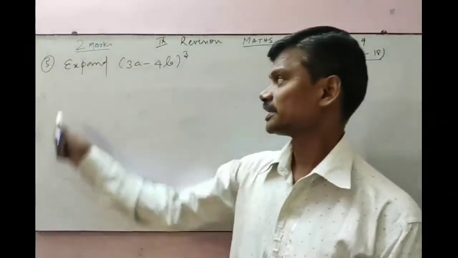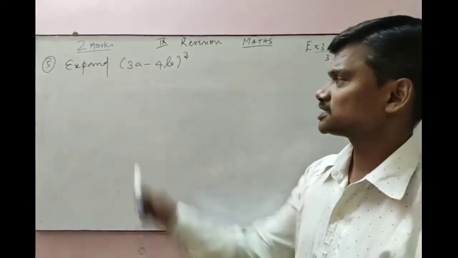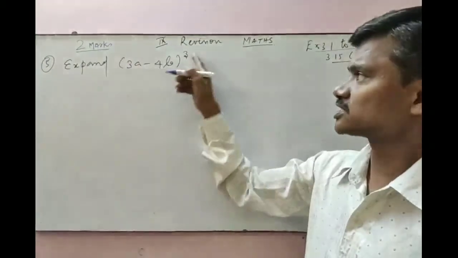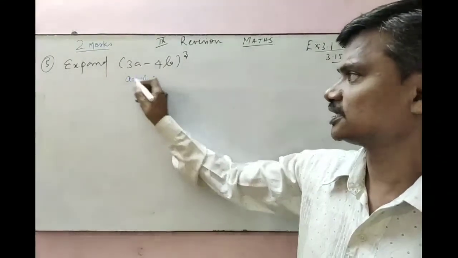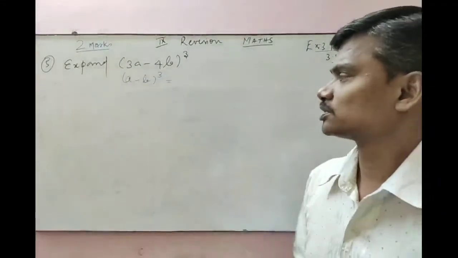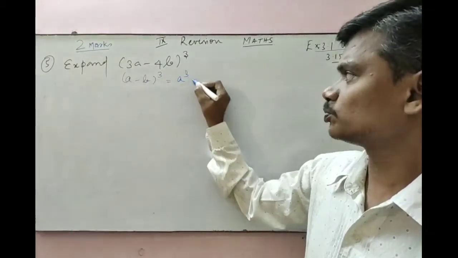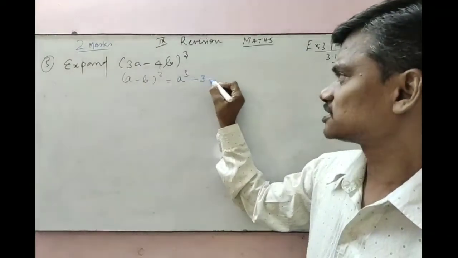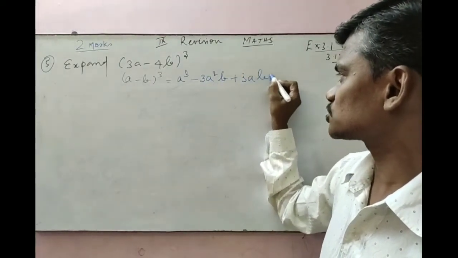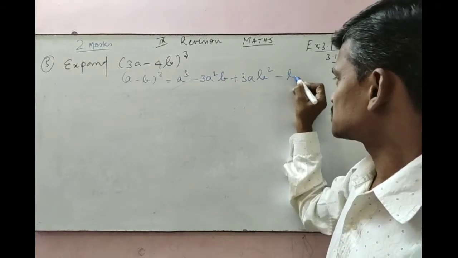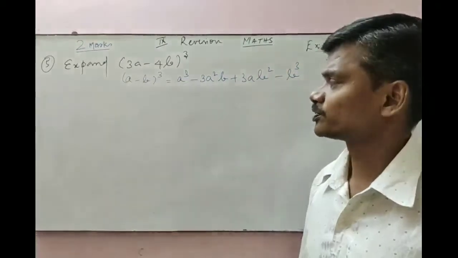Next, fifth sum, expand 3a minus 4b whole cube. Here this is in the form of a minus b whole cube. So we have to know this identity. The expansion of a minus b whole cube is a cube minus 3a square b plus 3ab square minus b cube.